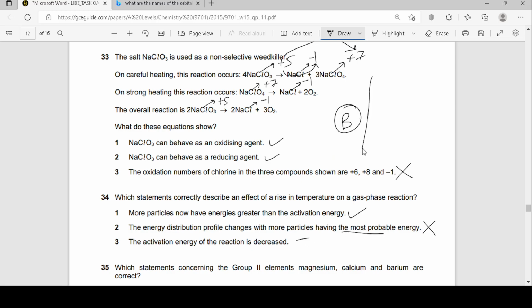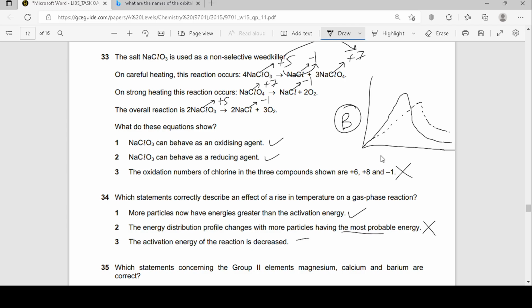Why? Because if I draw my Boltzmann curve, initially it was like this, right? And now my temperature is increased, so my Boltzmann curve has shifted to the right, and the peak has lowered as well, perhaps become a bit flatter, but lowered.